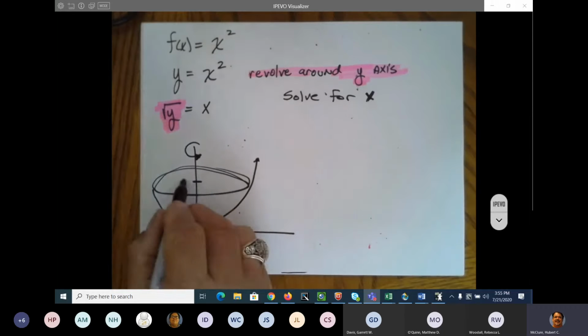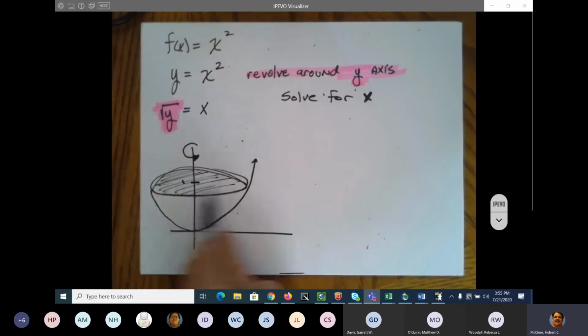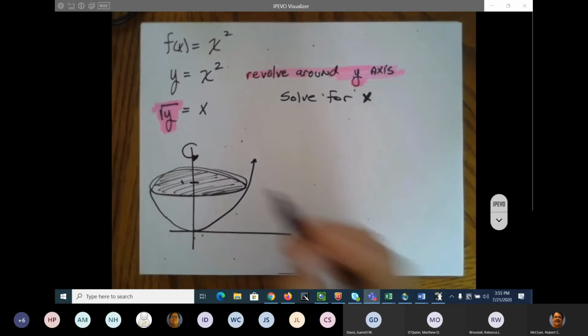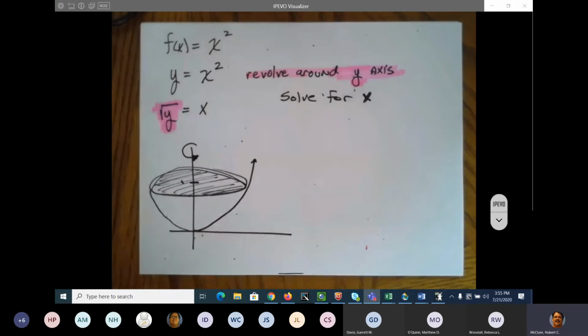So we're going to say this is 1, and this is going to be solid. So that's going to look like half a grapefruit. You eat a piece of grapefruit and slice it down the middle. That's what it's going to look like.